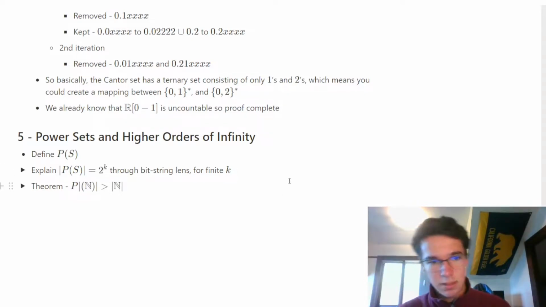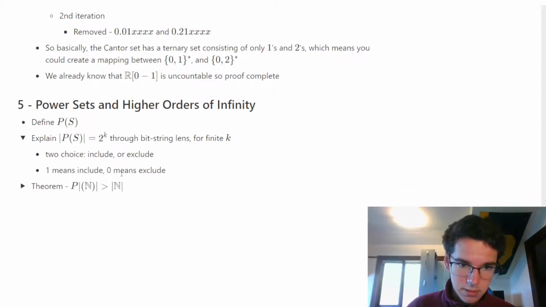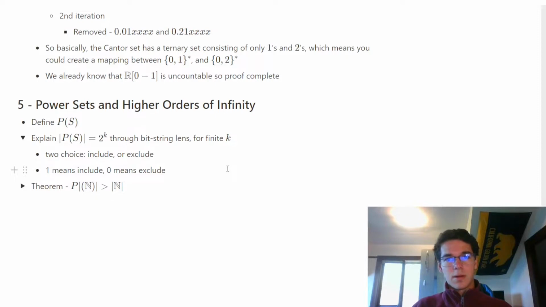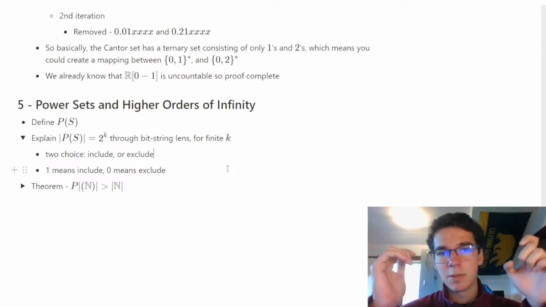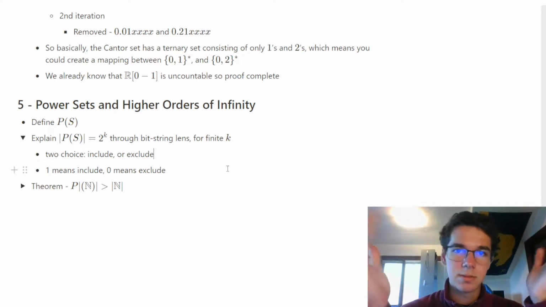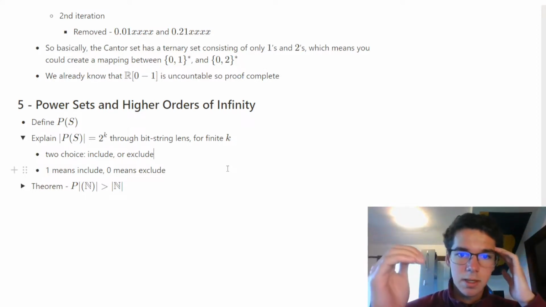So if we go back to that example of a set with 3 elements, 1, 2, and 3, we can have a bit string where each place maps to one of those elements. The first place maps to element 1, the second place maps to element 2, and the third place maps to element 3.